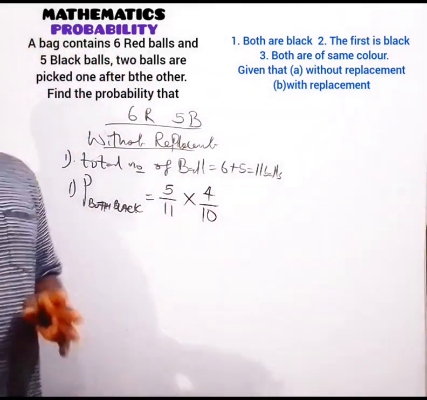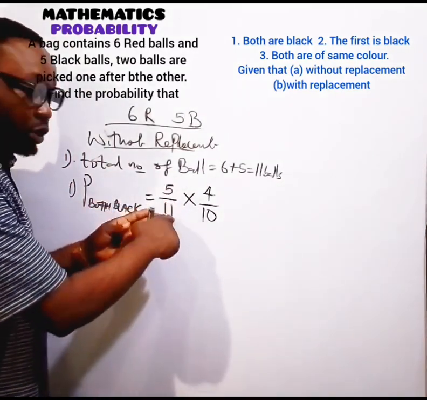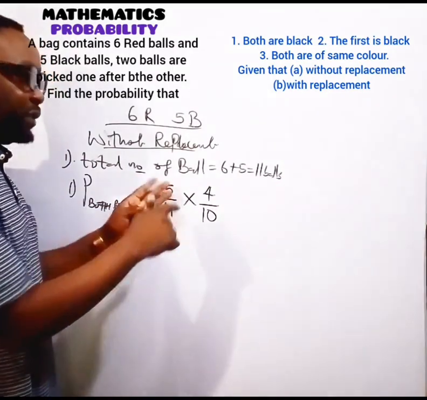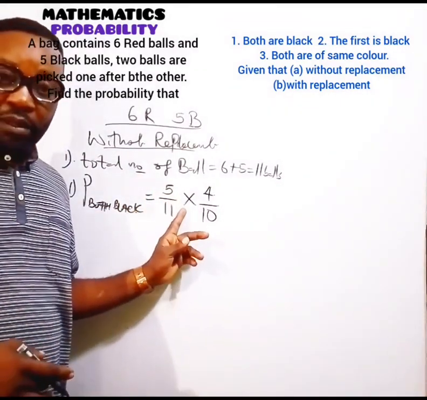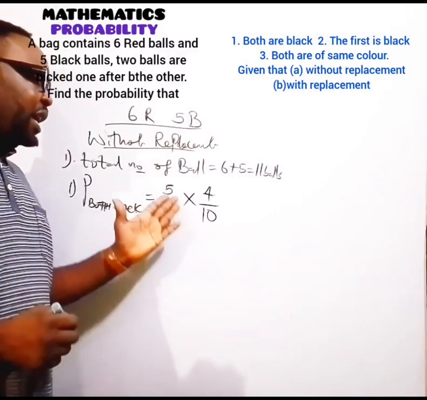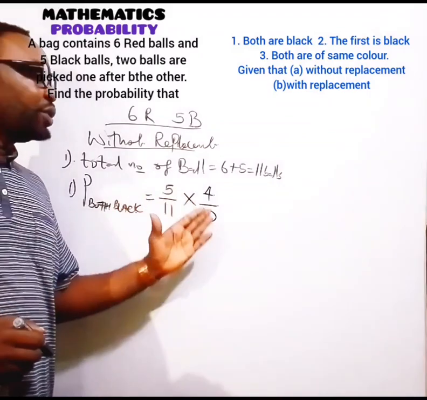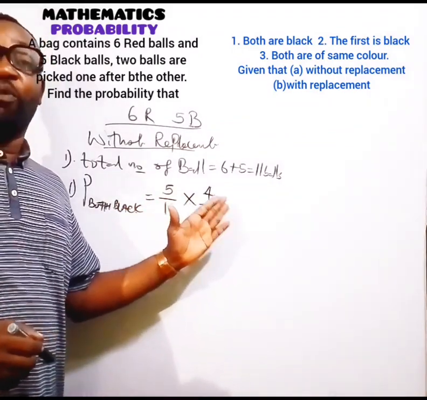I think it is clear to all of us. The first ball, which is 5, and the total number of balls is 11. That is the first pick, which is black. And another black again. If the first is black, it means that the number of blacks will have reduced by 1, which makes it become 4 now.